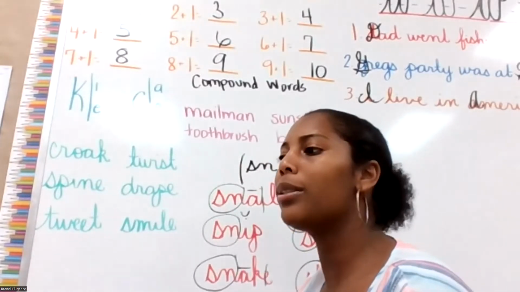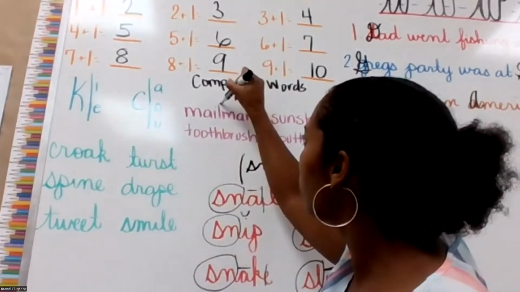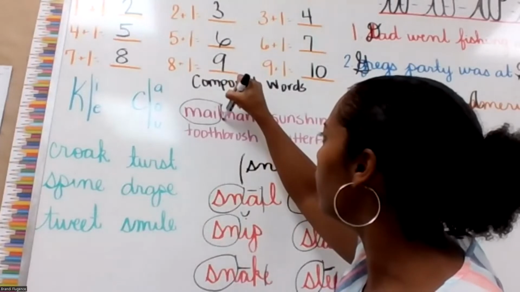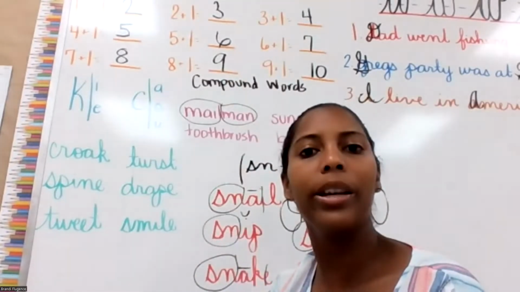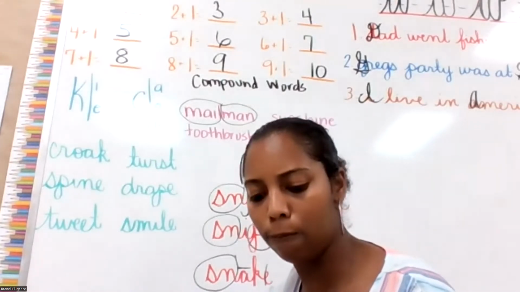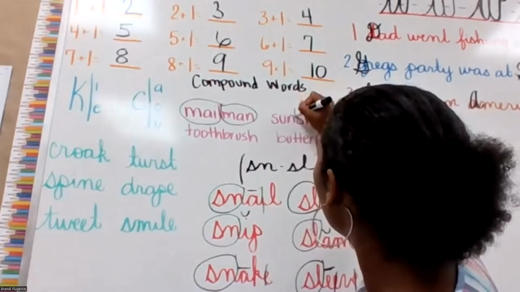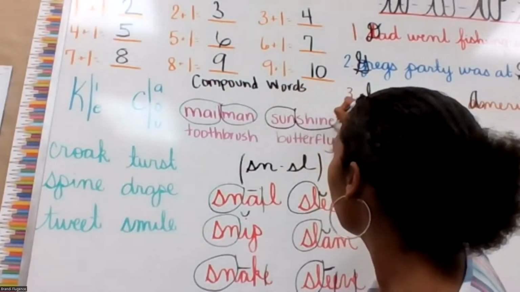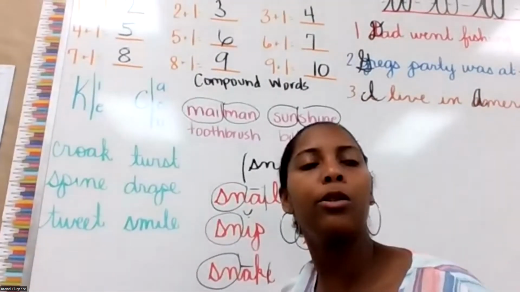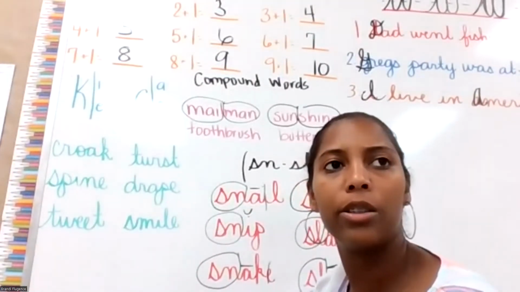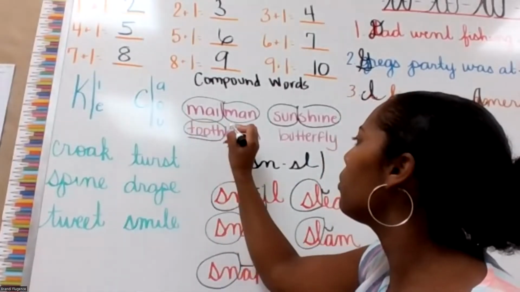What are the two words inside of mailman? Mail, we circle it, and man. Good. Sunshine. What are the two small words you hear in sunshine? Sun and shine. Good. Next, toothbrush. Tooth and brush.